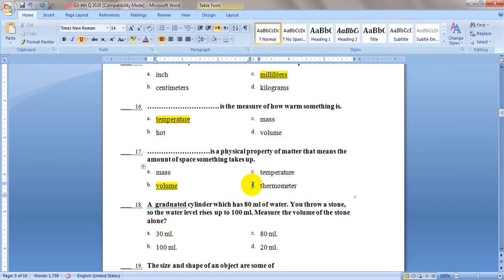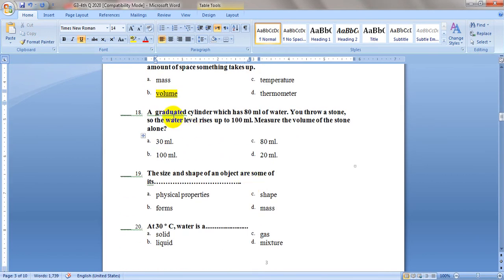The next one, 18. A graduated cylinder has 80 milliliters of water. You throw a stone, so the water level rises up to 100 milliliters. Measure the volume of the stone alone. It was 80, then it rises to 100.